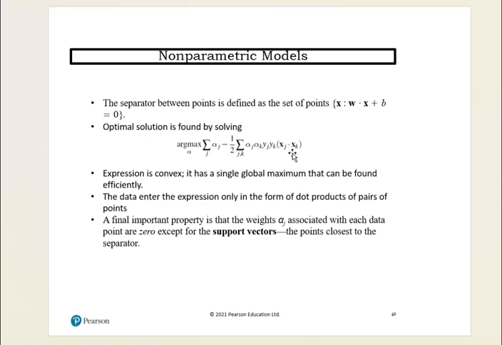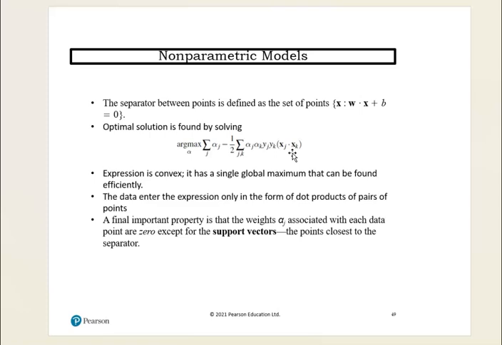And you remember from our previous discussion, convex problems are fantastic because they guarantee us the presence of a global optimum, right? We don't have to worry about being stuck in a local optimum somewhere. So that means we can easily find a single global maximum.